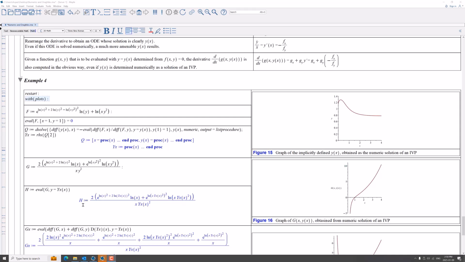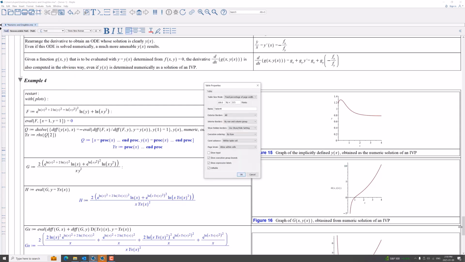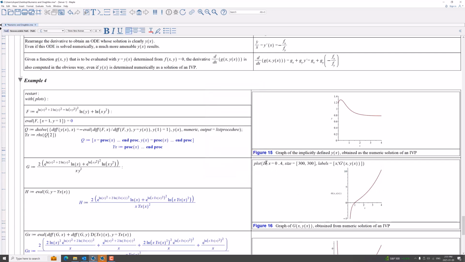Then I want to graph h. Now, this is something that can be graphed with Maple's plot command. Now, let me just quickly show the input there. See, it's a plot, and h is a function of x. So I'm plotting this expression, x equals 0 to 4.